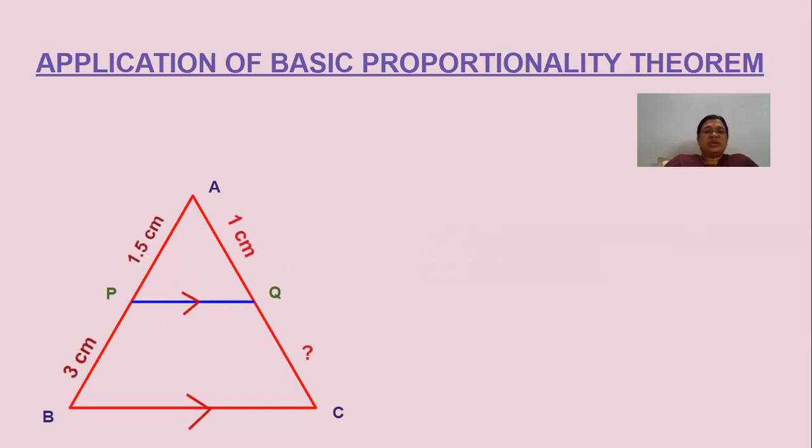AP is given, PB is given, AQ is given, and he is asking us to find out what is QC. Here we can apply the basic proportionality theorem and find out the value of QC.